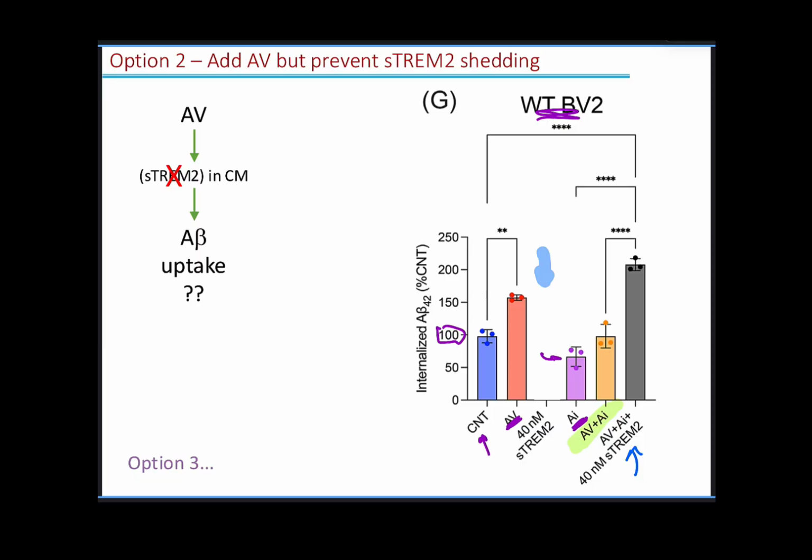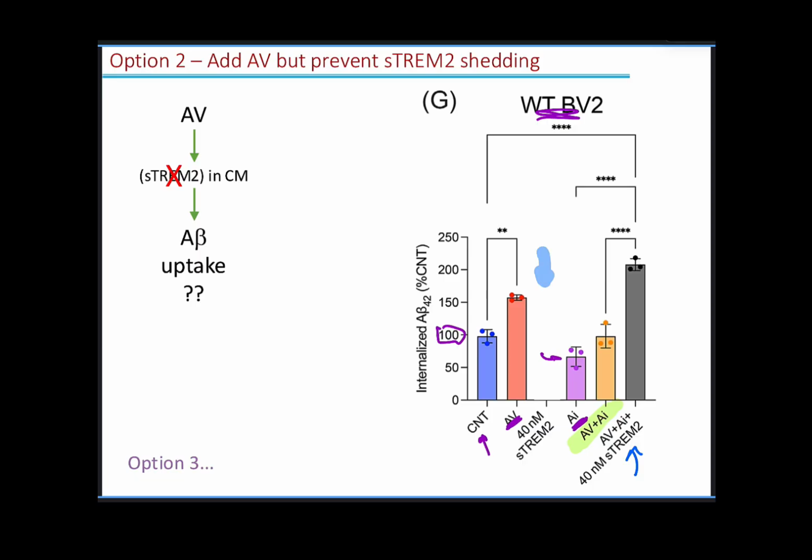It's just the machinery is working, it's just that it wasn't being turned on. Okay? Beautiful. And option 3, in the interest of time, I think, because you already mentioned it already. So we go back to this idea of add AV, right? And you suppose that AV will be pumping out a whole bunch of things, among them STREM2.